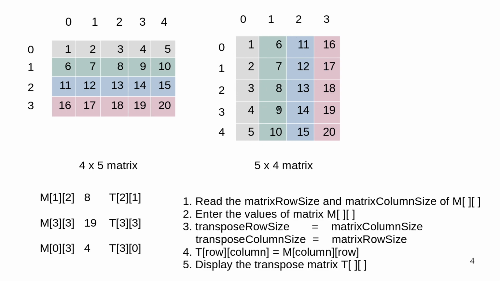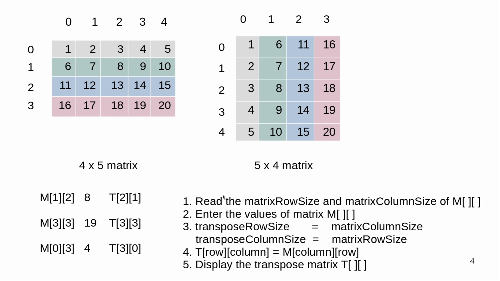The first step is to read the matrix row size and matrix column size. If the user enters this matrix M, the row size is 4 because there are 4 rows, and the column size is 5 because there are 5 columns.